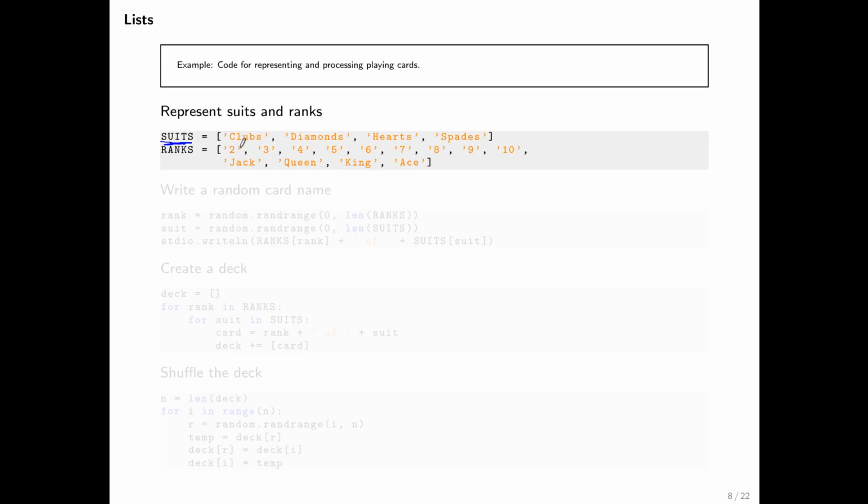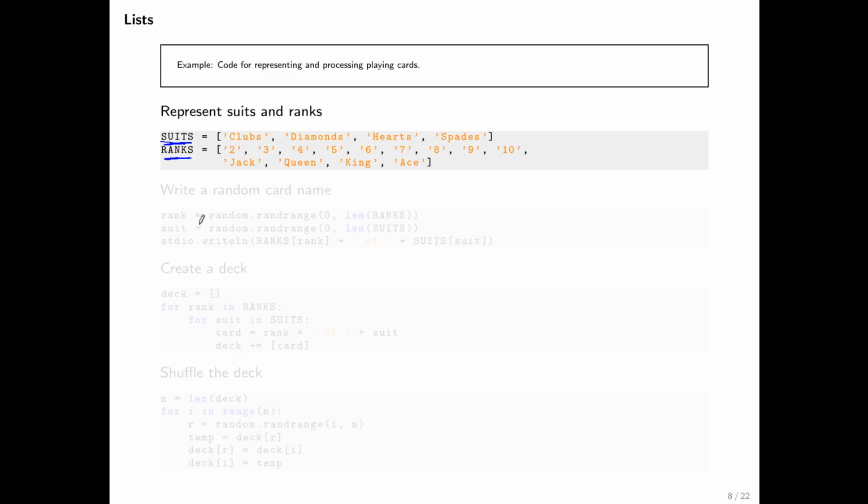So SUITS is simply a list that contains the strings clubs, diamonds, hearts, and spades. And then we define another list called RANKS, again all caps because we want to treat it as a constant, and this contains all these strings: 2, 3, 4, 5, 6 and so on, all the way up to ace. So 13 elements here. So we have a representation for these two guys, suits and ranks.